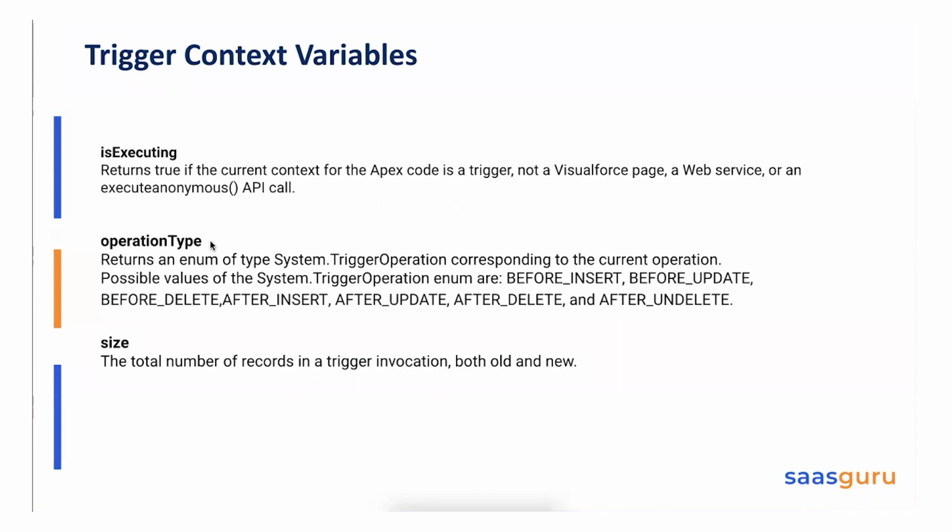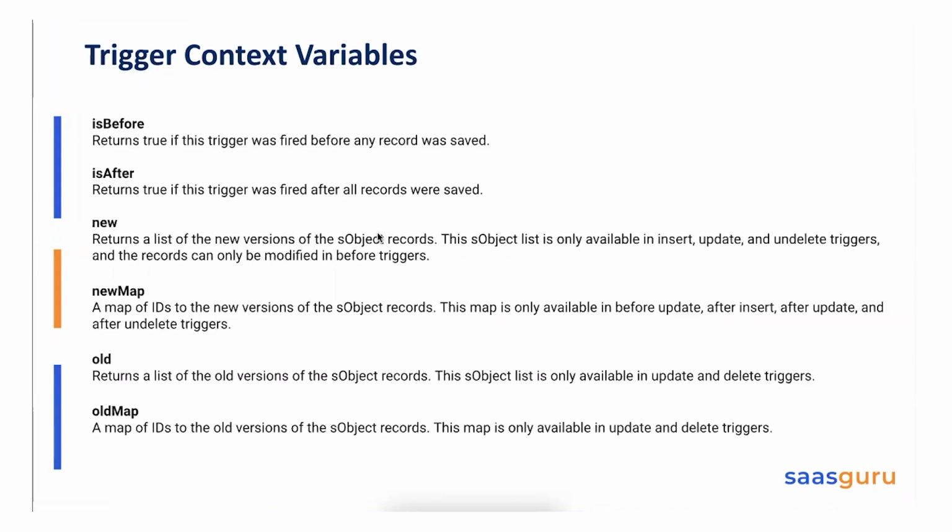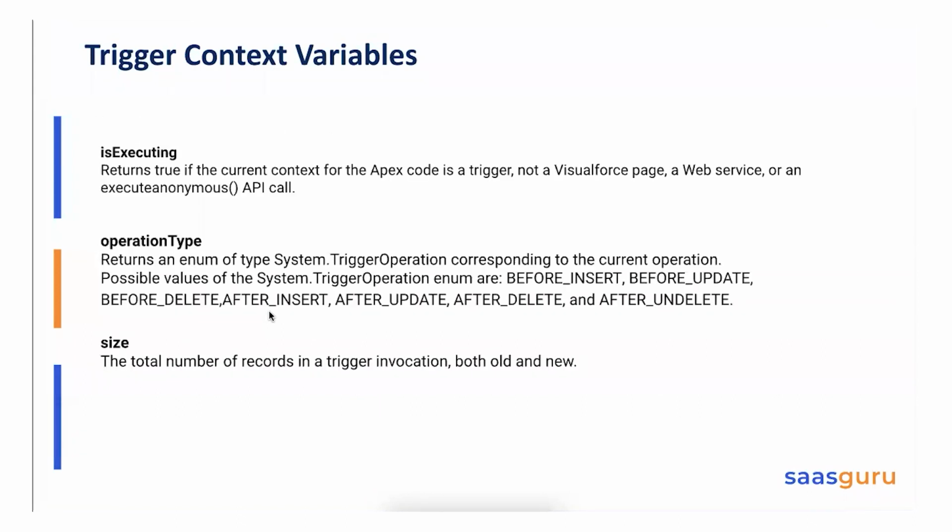Operation type is another context variable, and operation type will return you an enum. Possible values are before insert, before update, before delete, after insert, after update, and so on.